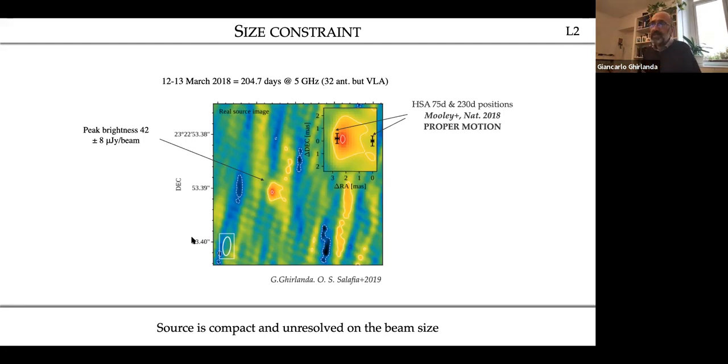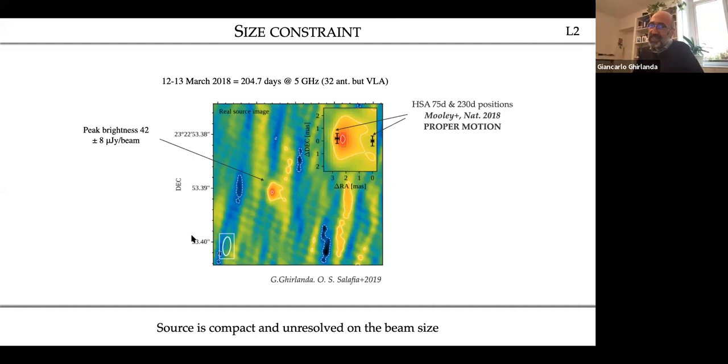But the goal, and the effectiveness of this kind of observation, is the capability of correlating the observations of individual telescopes all together and deriving an image like this one, which the first time we saw it, we were really, really excited. We said, "Eureka, the source is visible, is detected."